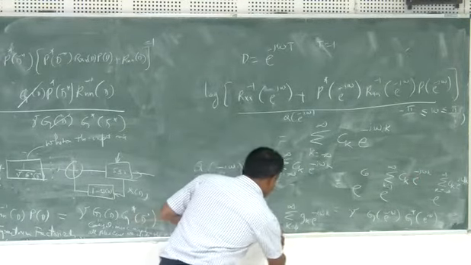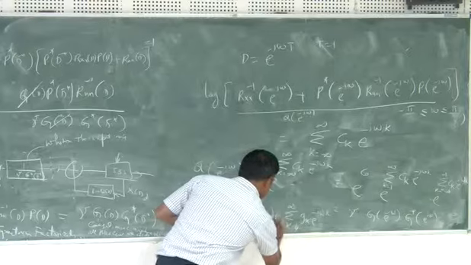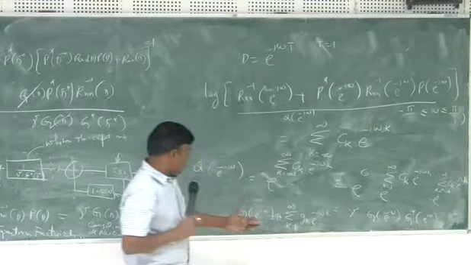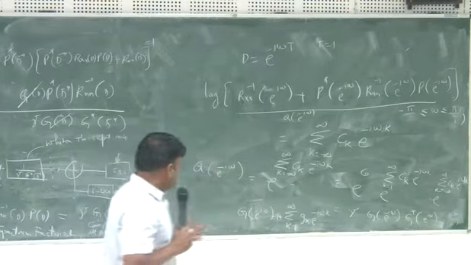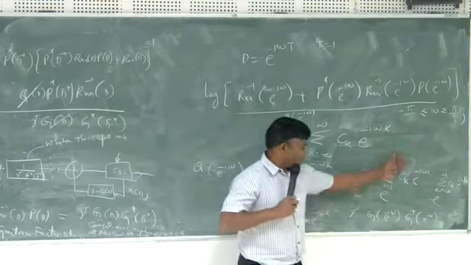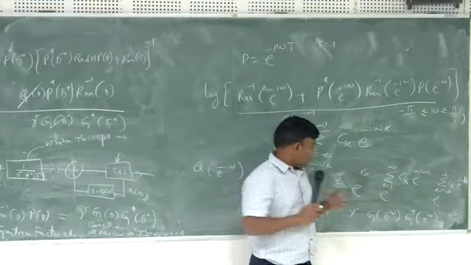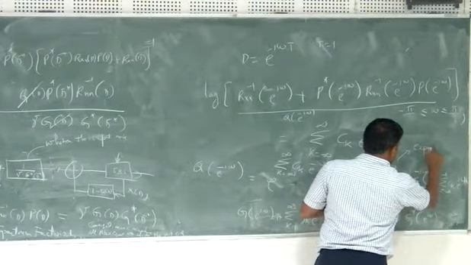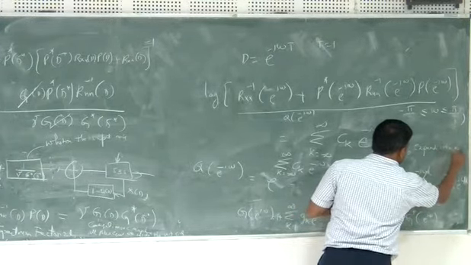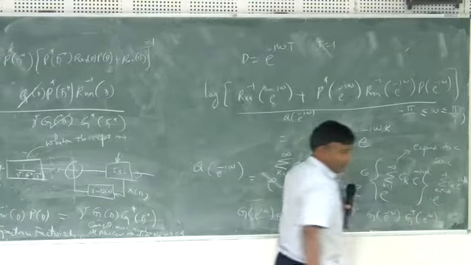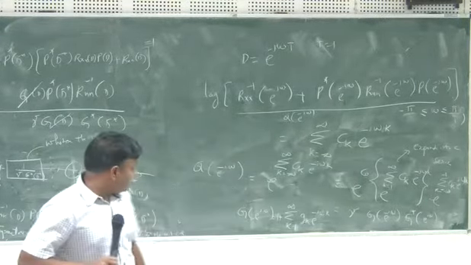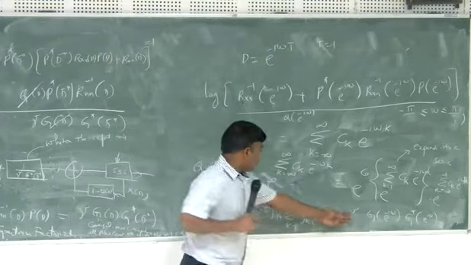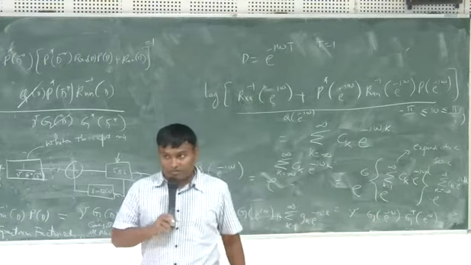So I can in fact write this as 1 plus summation k equal to 1 to infinity. Can I write like this? Where g_k are the corresponding terms, you pick it up from this expansion. Expand this infinite series. Okay? And it turns out that g star e to the power of j omega is basically obtained from g of e to the power of minus j omega. It's quite straightforward to see that.